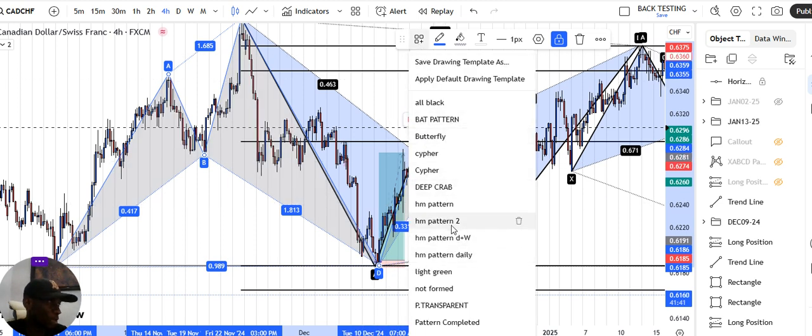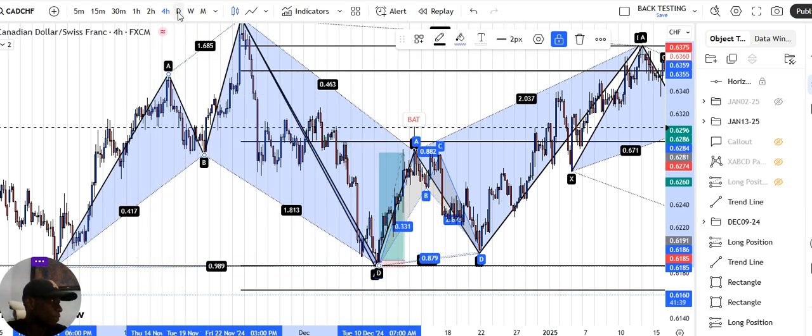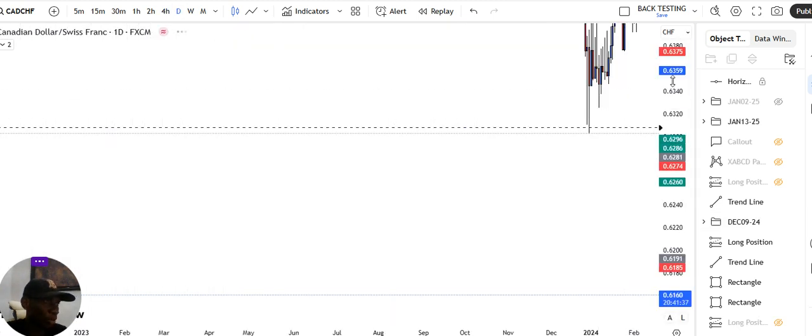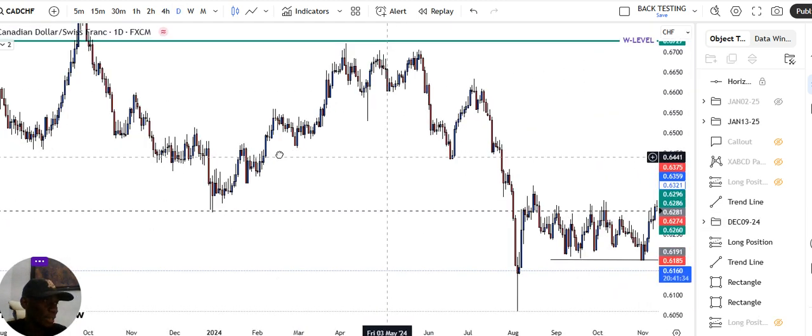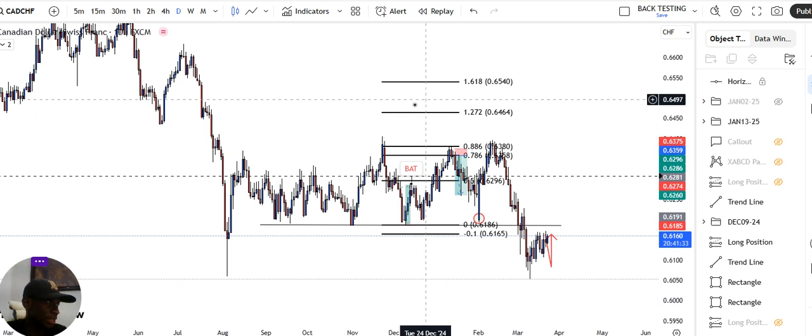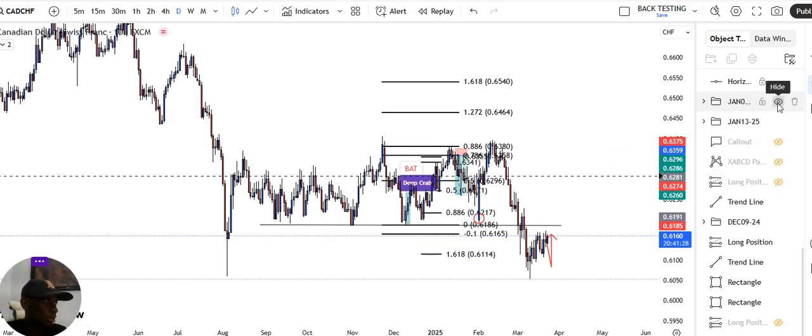If you look at it from the daily time frame, except this one I have, this is another one again on that level also.